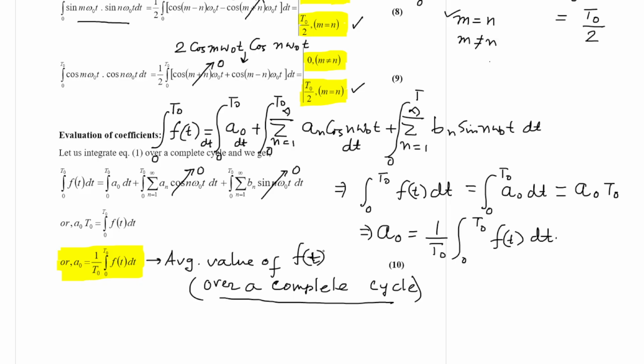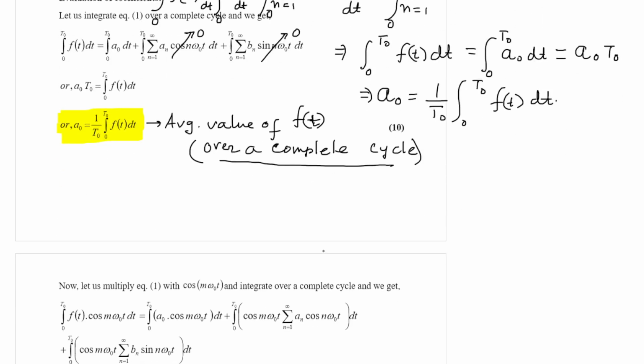So now let us do another thing. We have f(t) is equal to A0 plus summation n equal to 1 to infinity of an cos n omega naught t plus summation n equal to 1 to infinity of bn sin n omega naught t.